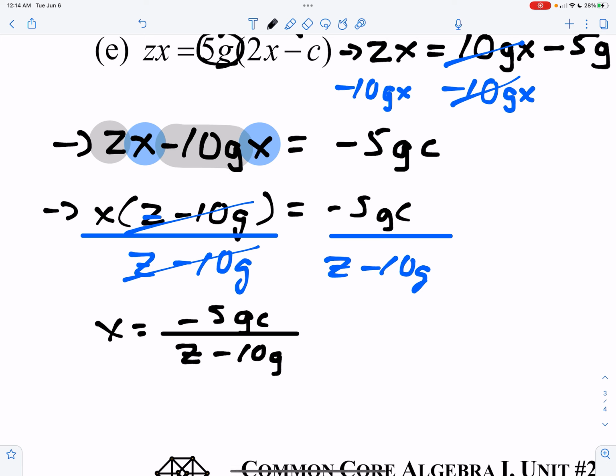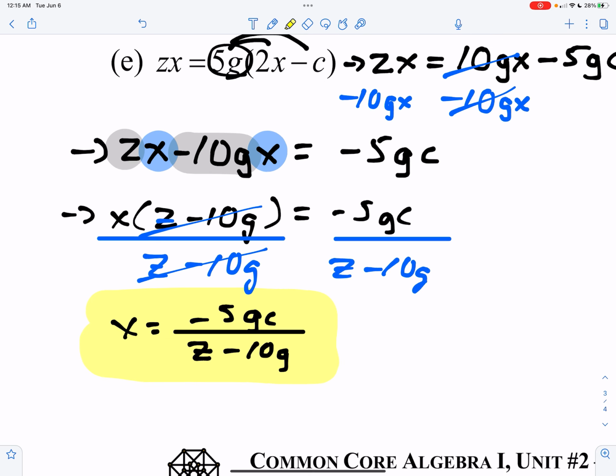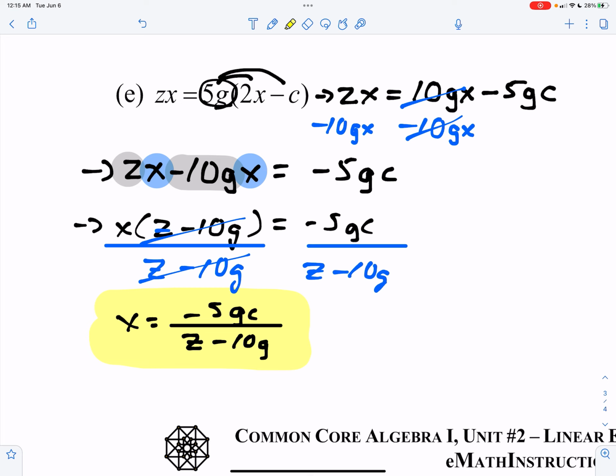It's supposed to be a z, not a 2. Okay, a little tricky looking, but it's the same math we've been practicing over and over again, same algebra steps. It just looks a little weird when we're not dealing with concrete numbers.